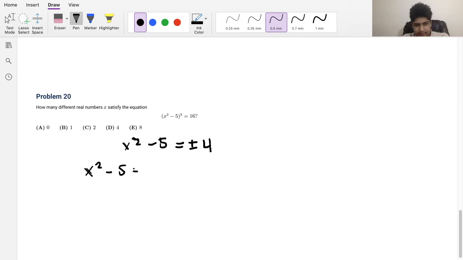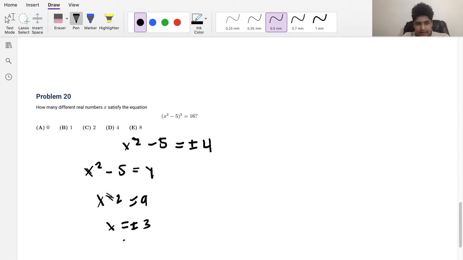Then we have x squared is equal to 9. So we have x is equal to plus or minus 3. And that's 2 possibilities.